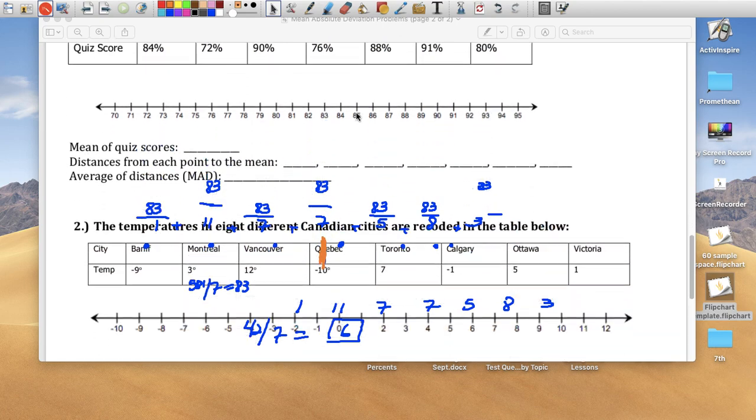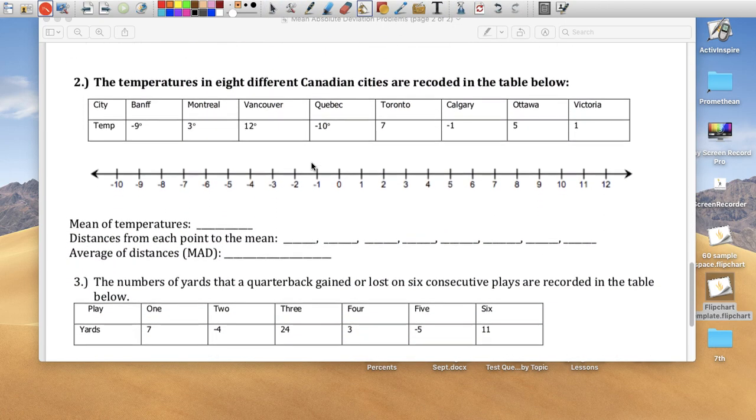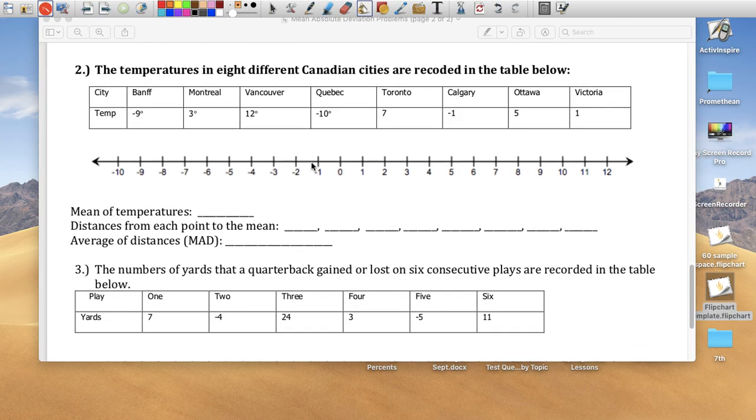I'll do the second one. Temperatures in 8 Canadian cities are recorded in the table below. Ooh, this deals with negative numbers. So you have to be really, really careful when you're adding these. We have negative 9, 3, 12, negative 10, 7, negative 1, 5, and 1.